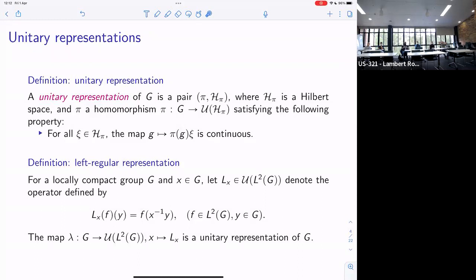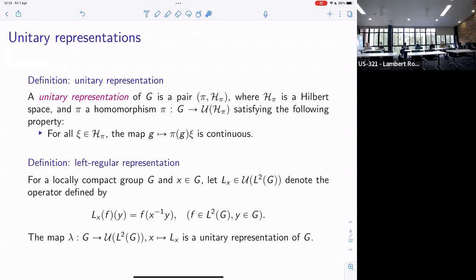And it also has to satisfy a continuity property: for every vector psi in our Hilbert space, the map that sends a group element g to pi(g) psi is continuous with respect to the group topology on G and the norm topology on our Hilbert space. And this Hilbert space can have arbitrary dimension, and it can have uncountable dimension. But for instance, when our group is countable or separable, we can assume that the Hilbert space has at most countable dimension.